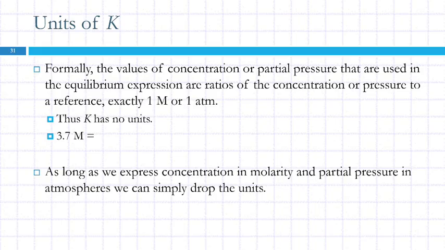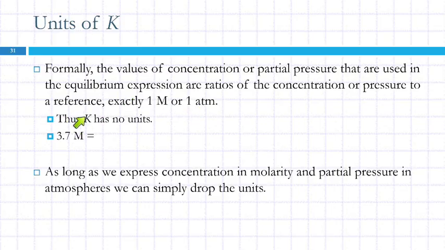So what about units? The equilibrium constant. If you put molarities in there or atmospheres for the partial pressures, you would sometimes have units, and sometimes they would cancel out, and the units would be different for different situations. And that's just really messy. And so formally, instead of concentration or partial pressures, what we're looking at is ratios of the concentration to a reference, 1 molar, or ratio of the pressure to a reference, 1 atmosphere.